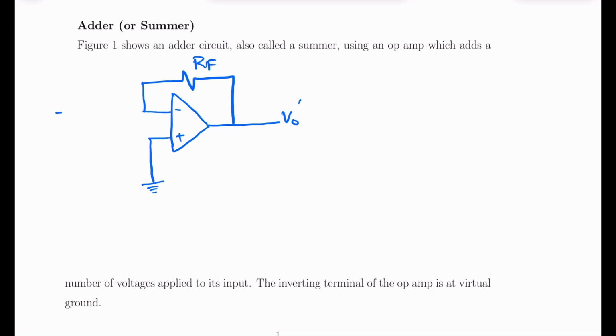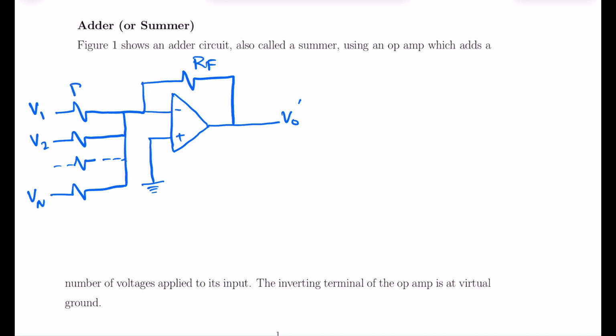We have here a number of resistors connected here, like this. The potential here is V1, here it is V2, and here it is Vn.